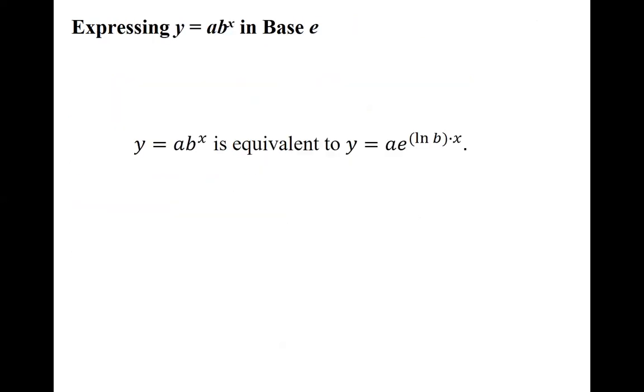So y equals a times b to the x in base e is y equals a times e to the natural log of b times x. We're going to use this fact to rewrite a model in base e. And looking at this, this makes sense because the e and the natural log cancel each other out, just leaving us with a regular b.